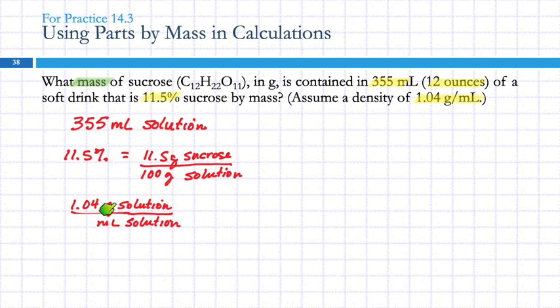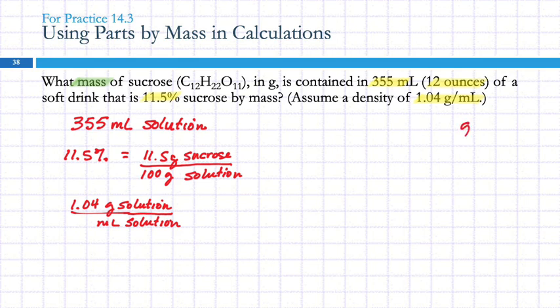So both of these things that we're given are fractions or ratios or per units, right? This per that. 355 milliliters is just milliliters. So that can help us identify that this is the place where we're starting from, and these are going to be used as conversion factors. And what are we trying to find?